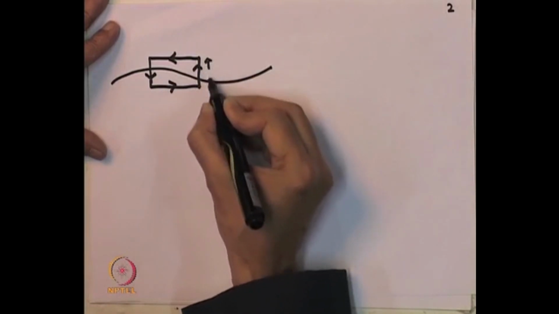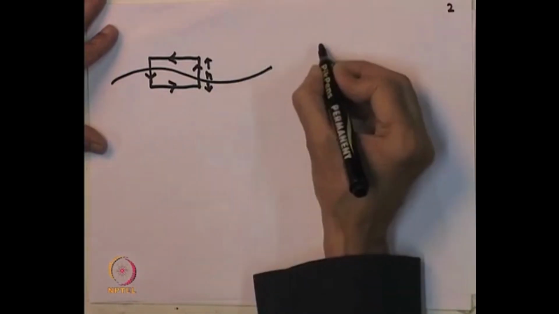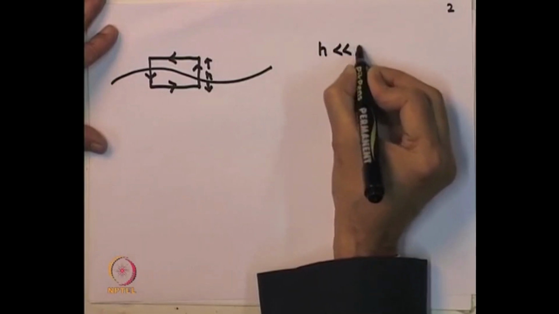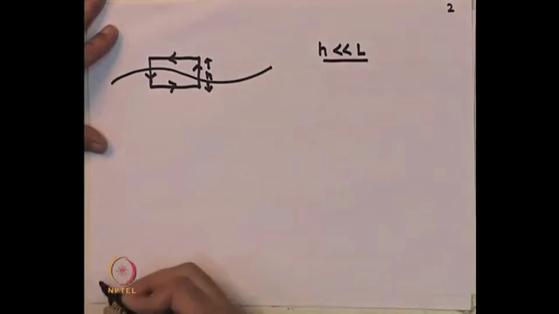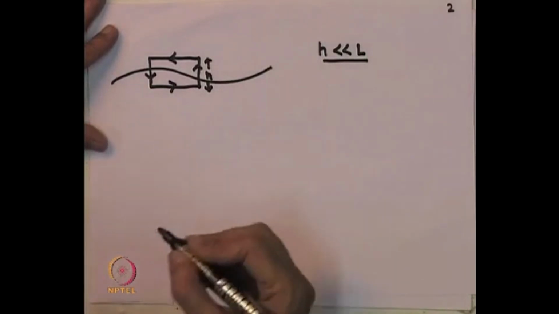This height will be taken to be h, and as before I will take h to be much less than the length L of the loop. Let me first fix the coordinate system.